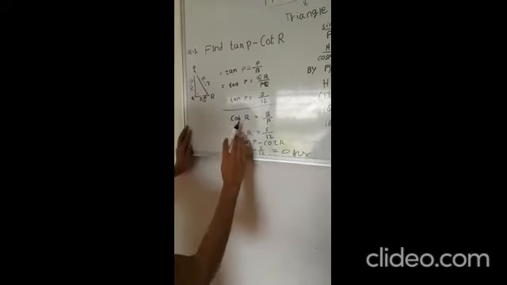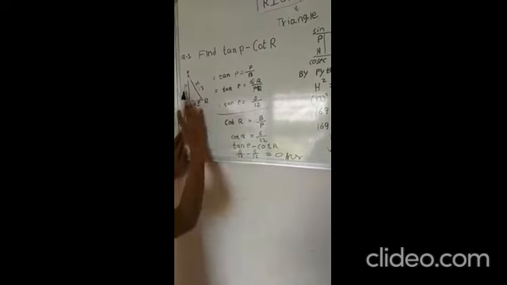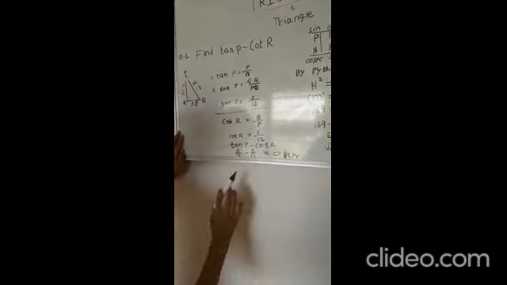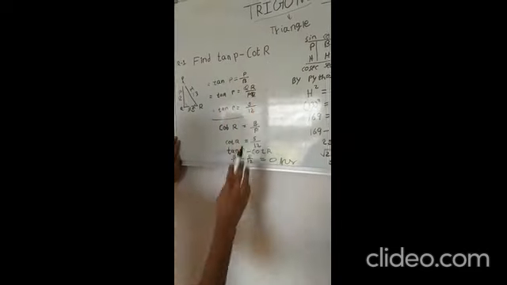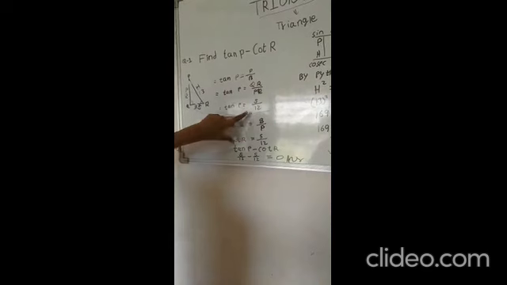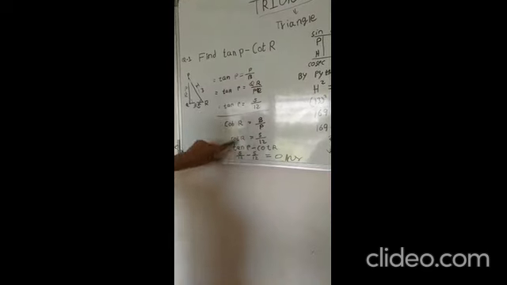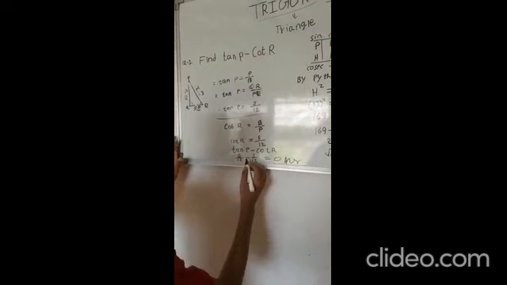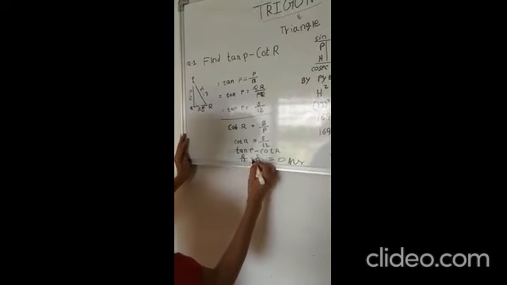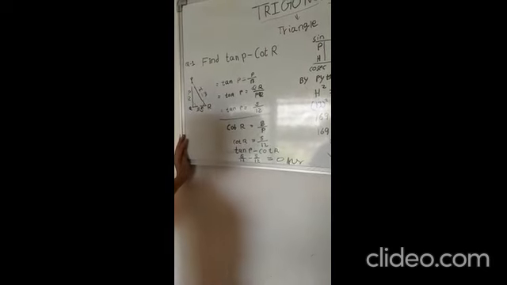Base is 5. And what is perpendicular? Perpendicular is 12. Tan P minus tan R. Now we want to do tan P is equal to 5 by 12 and tan R is equal to 5 by 12. Now we go to minus: 5 by 12 minus 5 by 12 is equal to 0.